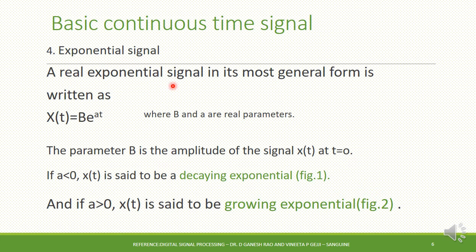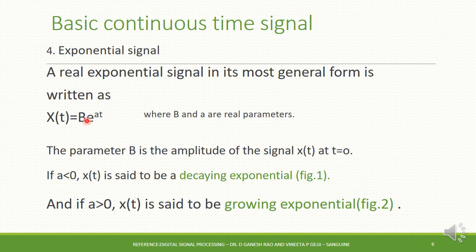A real exponential signal in its most general form is written as x of t, a continuous time signal, x of t is equal to b into e to the power of at. This is the expression for the exponential signal.